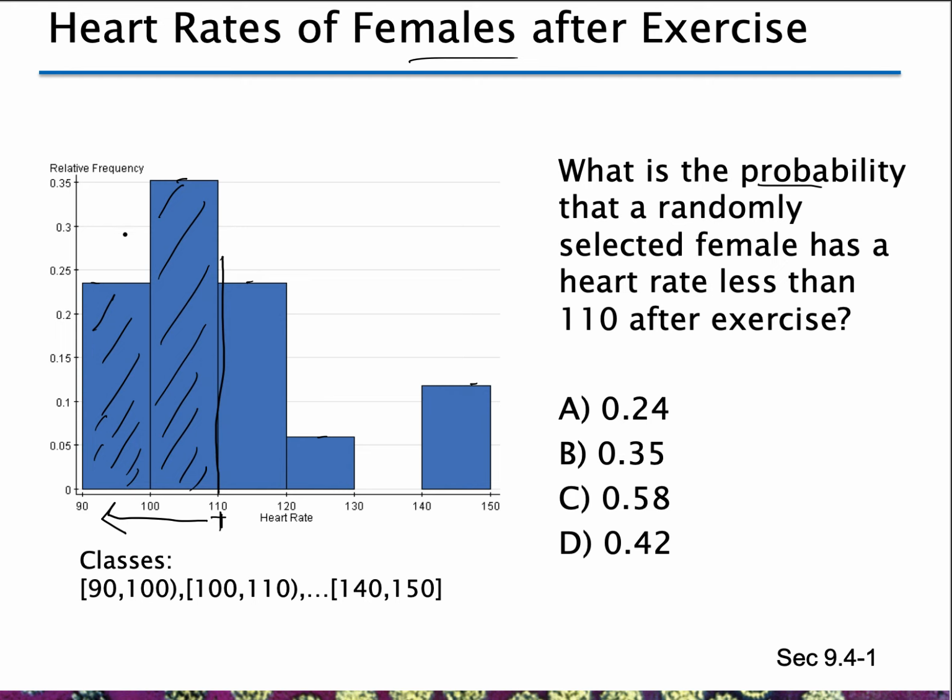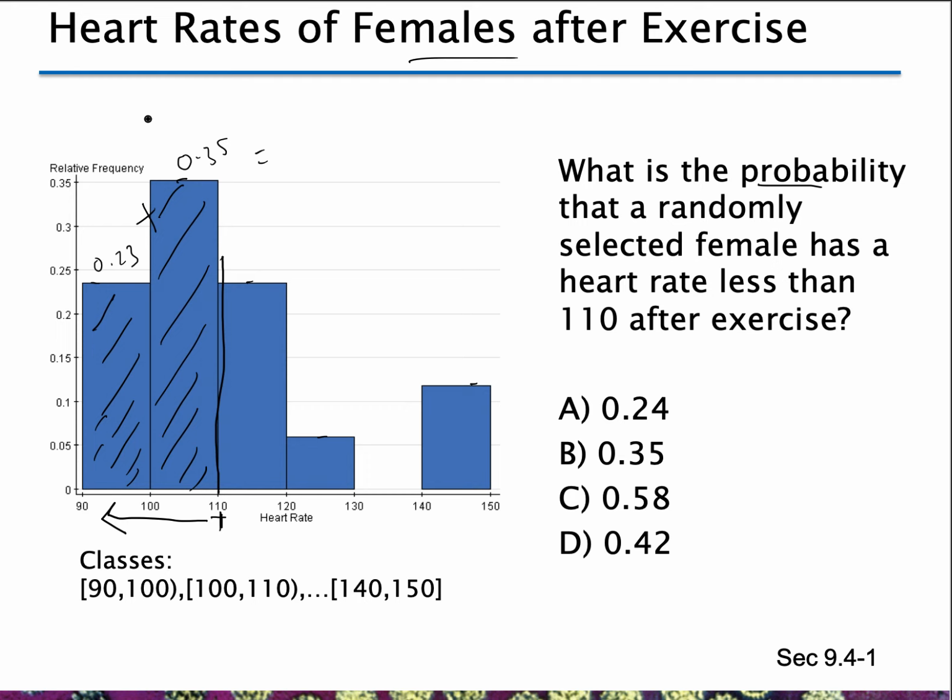So we say that will be 0.35 approximately, and this will be 0.23 maybe, and then you just add them together, because if you want the heart rate less than that, that will be this or this anywhere, so you just add those as the addition rule.